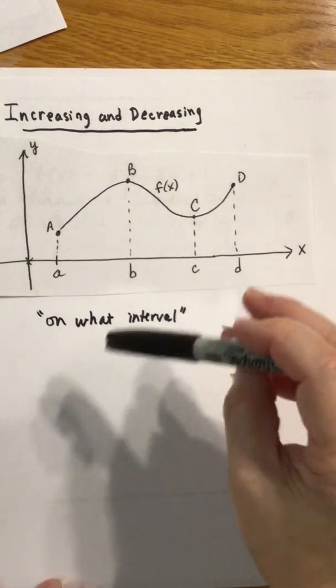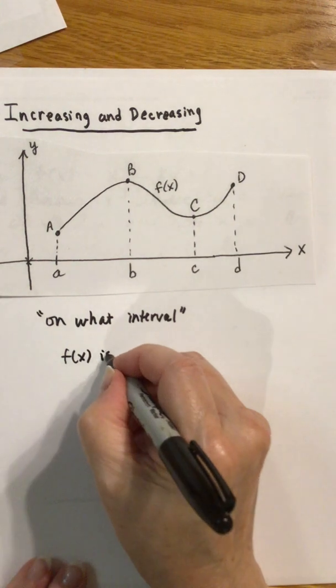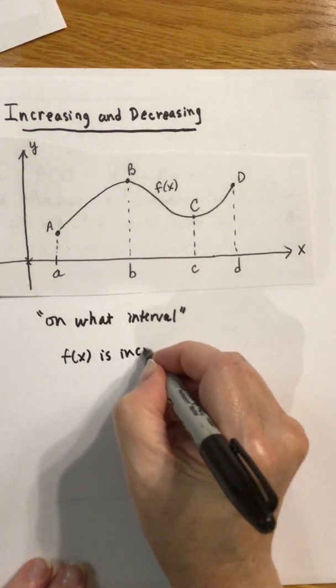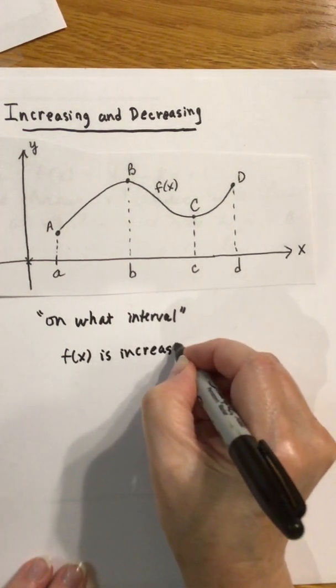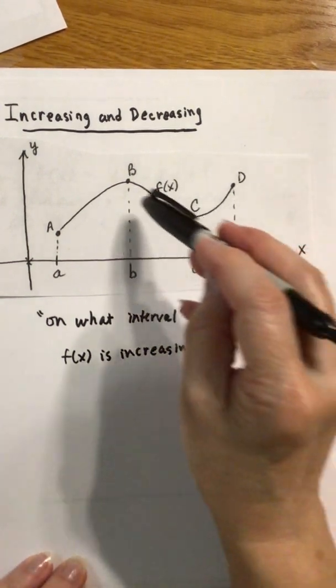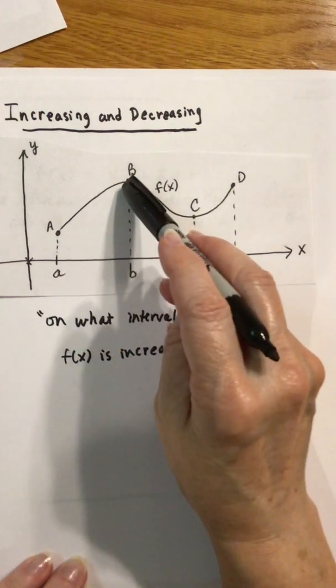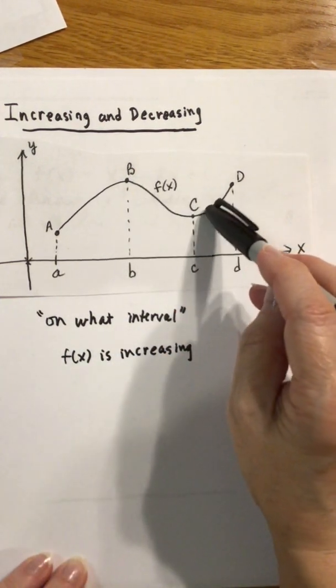So we know that f of x is increasing, means that at this graph, this is f of x, this curved graph here, so it's increasing from here to here, and it's increasing from here to here.